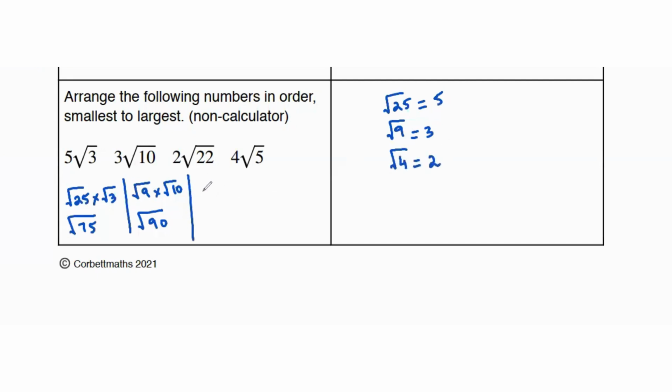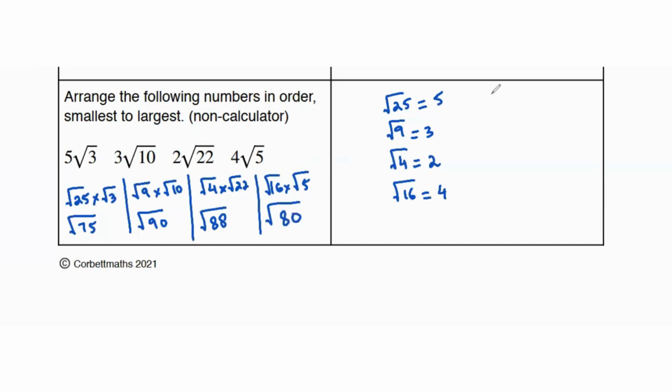And for the next number, we know square root of 4 is 2. So I'm going to do square root of 4 times root 22, which is basically going to be square root of 88. And lastly, square root of 16 is 4. So square root of 16 times square root of 5, and that's going to be square root of 80.